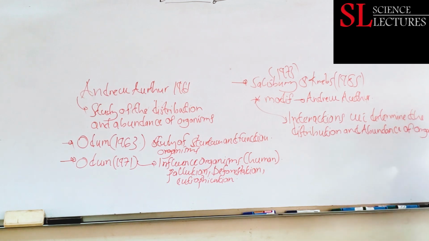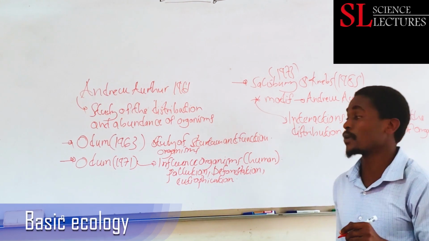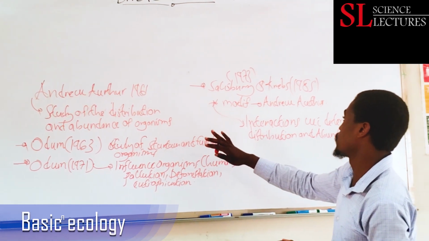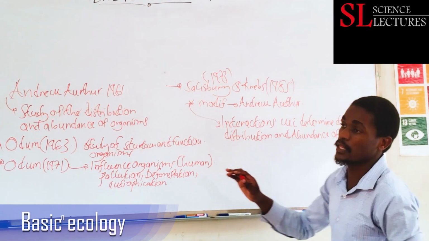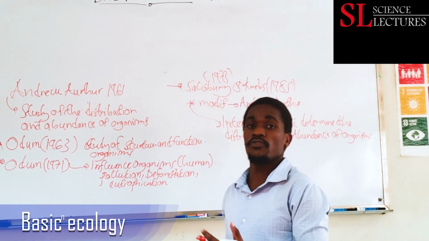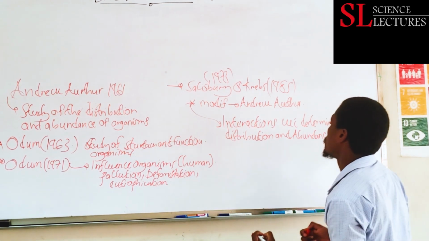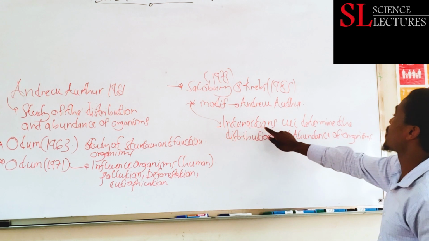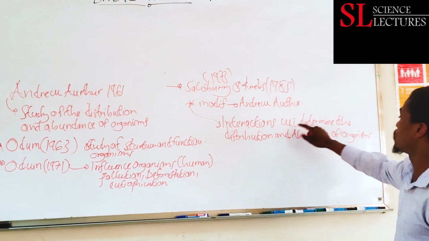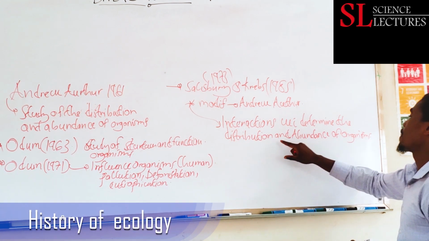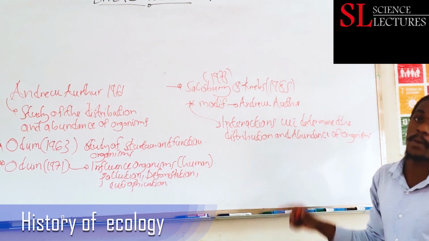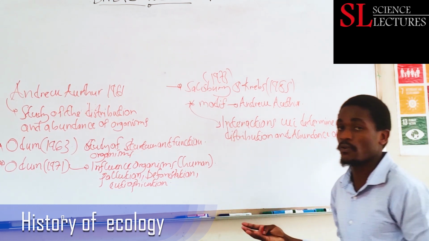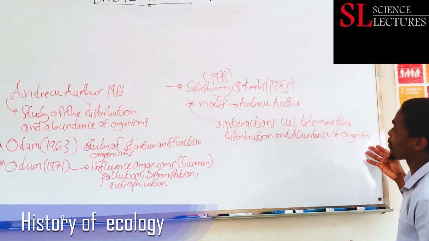So this is how Krebs and Salisbury are defining it. They are modifying Andrew Arthur's definition. We said Andrew Arthur stated that it is the scientific study of distribution and abundance of organisms. However, they modify it to say it is the study of the interactions which determine the distribution and abundance of organisms.